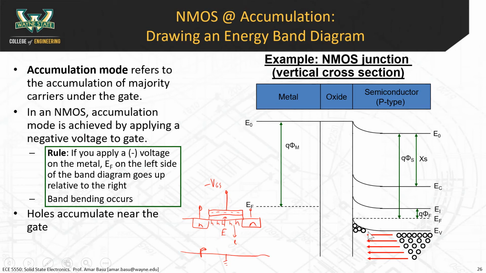The holes are accumulating in this potential well. They're stuck in that well. Okay. We'll see another example of a potential well in the case of inversion. All right, so that's, again, just emphasizing the fact that you have this buildup of holes just underneath the gate.